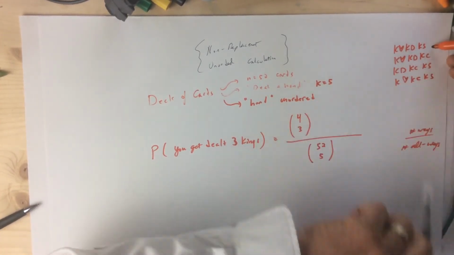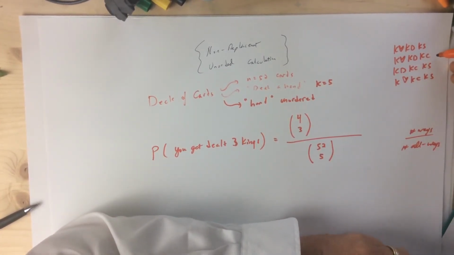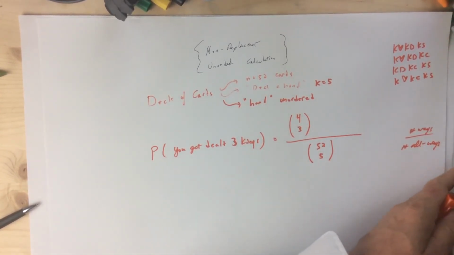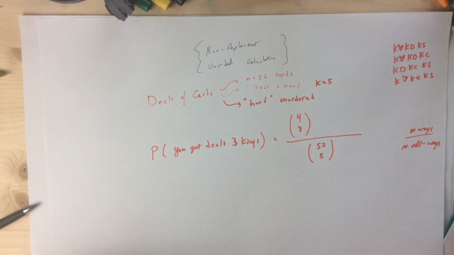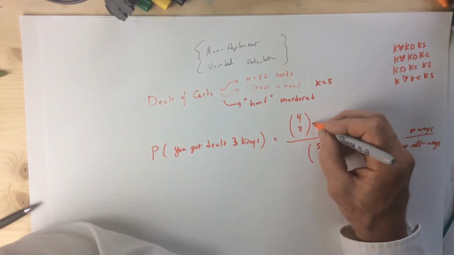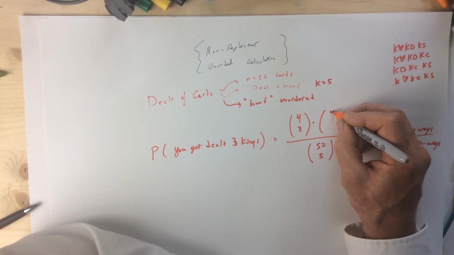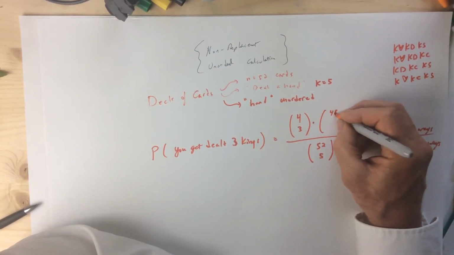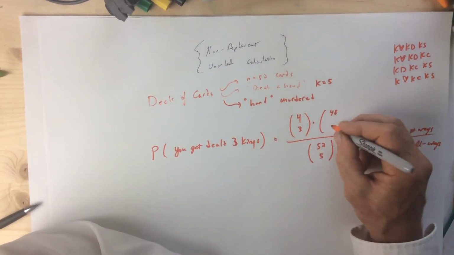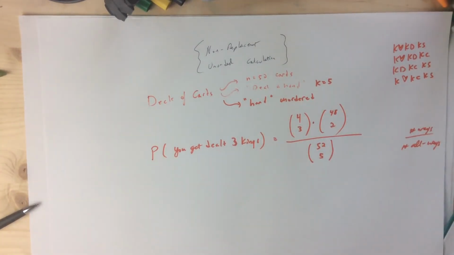This is the not club hand, this is the not spade hand, this is the not heart hand, and this is the not diamond hand. That's a nice way of saying it in a negative format. There's 4 of those. But once you get the 3 kings, well, there's 48 other cards in the deck from which you're choosing 2 of them to complete your hand.